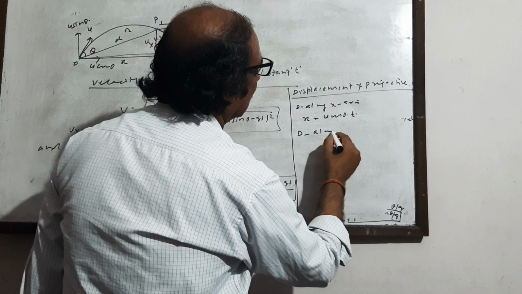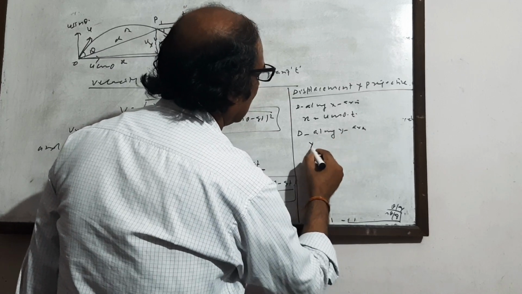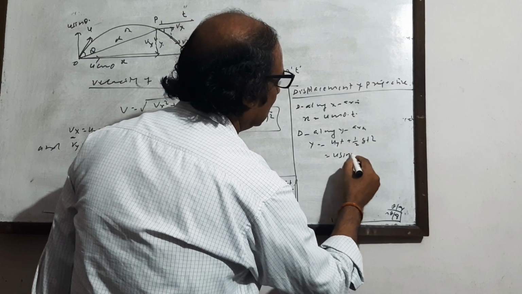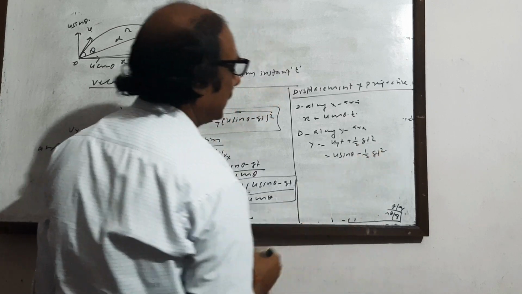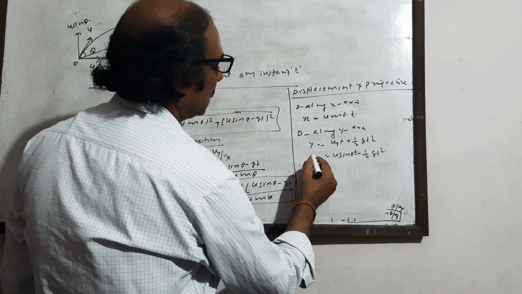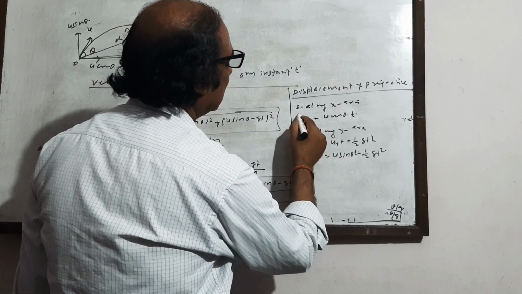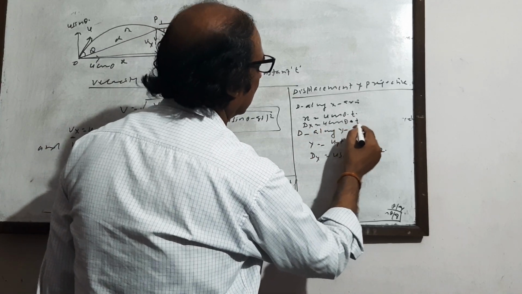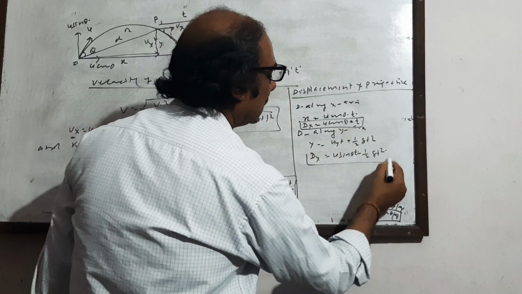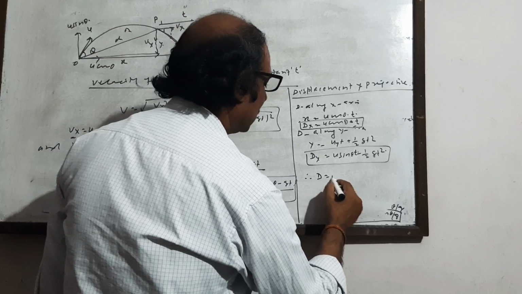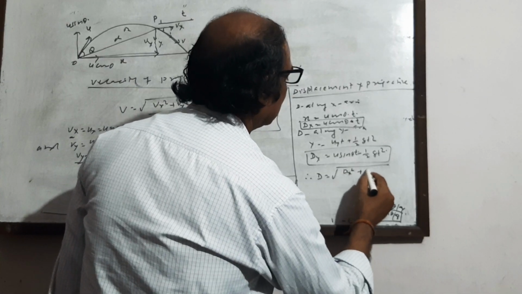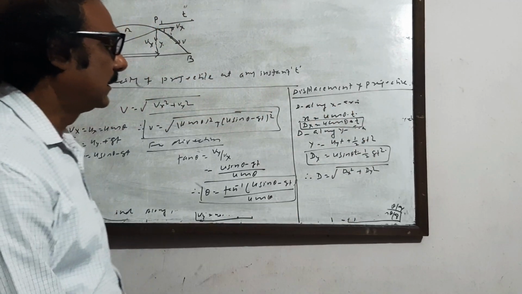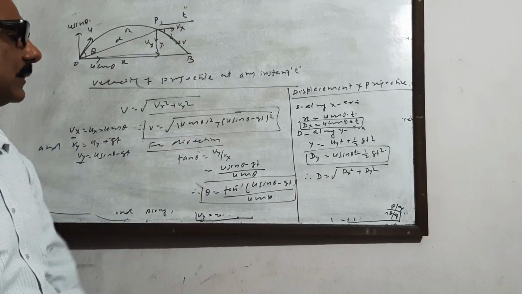Displacement along the y-axis, y equals ut plus half gt squared, that is, u sin theta t minus half gt squared. So with dx and dy, the final displacement d equals the square root of dx squared plus dy squared, and substituting the values of dx and dy in this expression, the displacement can be obtained.